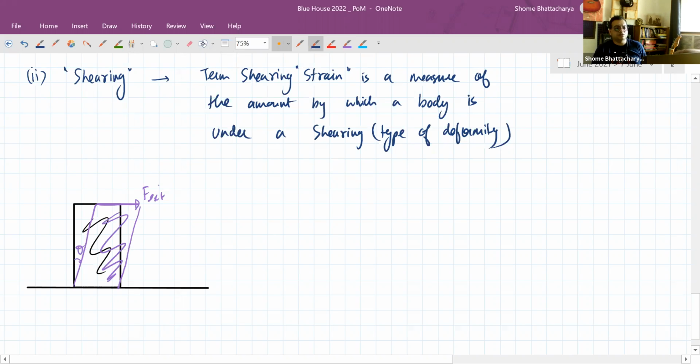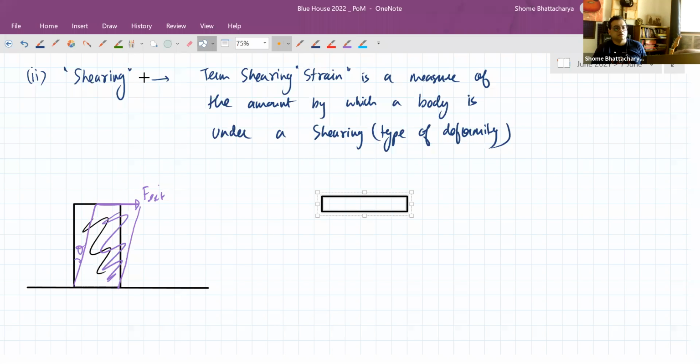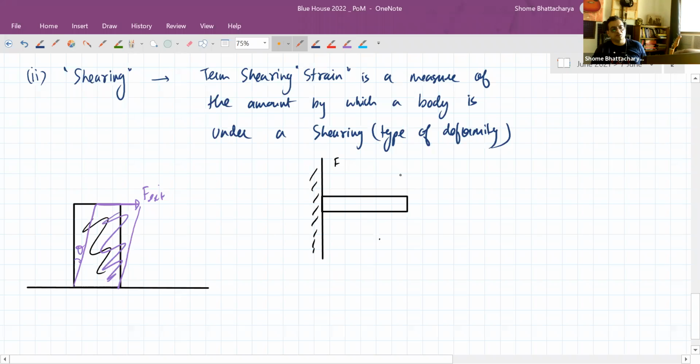Or if you have an example like this, a rod which is fastened to a wall. This is the natural shape. And now we attach some weight to the end of the rod. We'll see that in general, it tends to be a little bent like this.